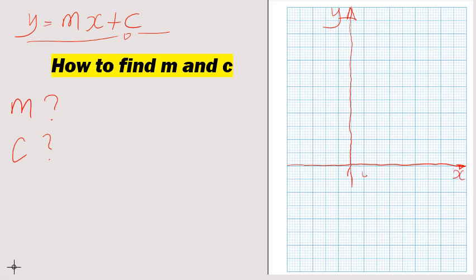Maybe we can say that's 0, this is 1, 2, 3, 4, 5, 6, 7, something like that. Okay, so on this one, we can have a straight line. Let's draw any straight line.